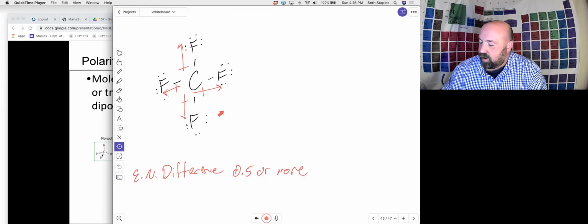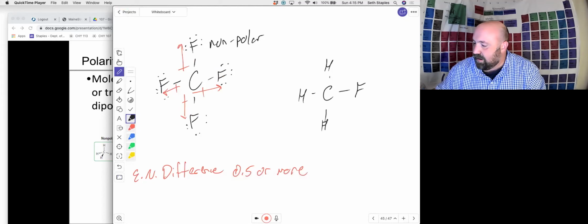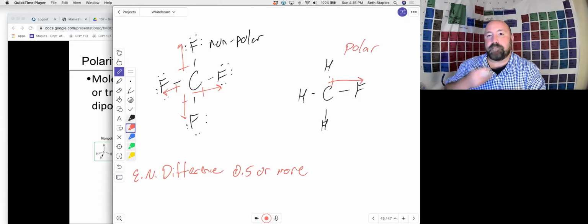We have polar covalent bonds, but they're all identical and it's symmetrical. So they're going to cancel each other out. And so this is a non-polar molecule, as opposed to maybe CH3F. Now, our electronegativity difference between carbon and hydrogen is only 0.4. So that's not a polar bond. But we do have a polar bond right here. And so this is what we would call a polar molecule.